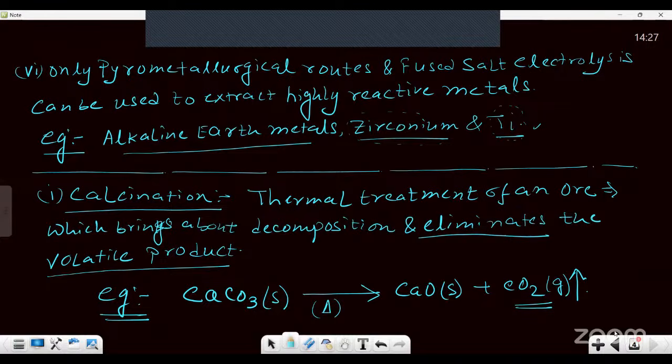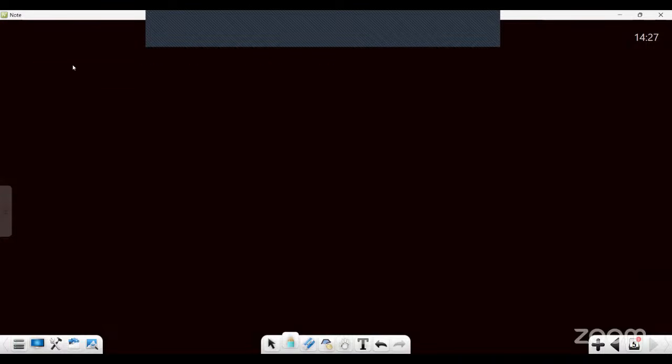Now if I take the example of this reaction only, solid calcium carbonate, I am just heating it and we are getting calcium oxide plus carbon dioxide gas. Now, what is the decomposition temperature? There will be some temperature at which the calcium carbonate is going to break.